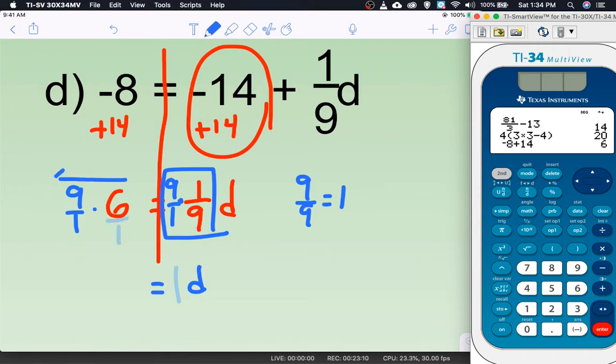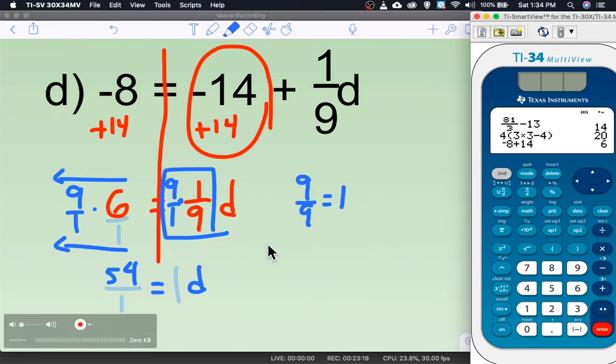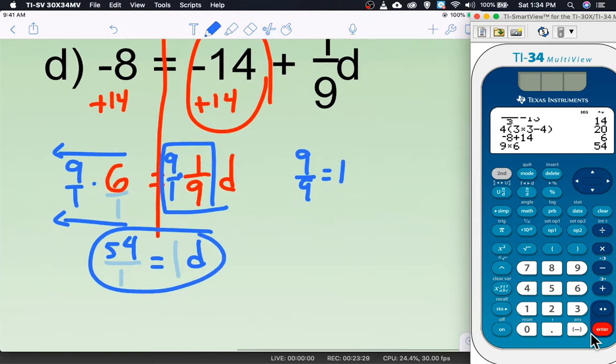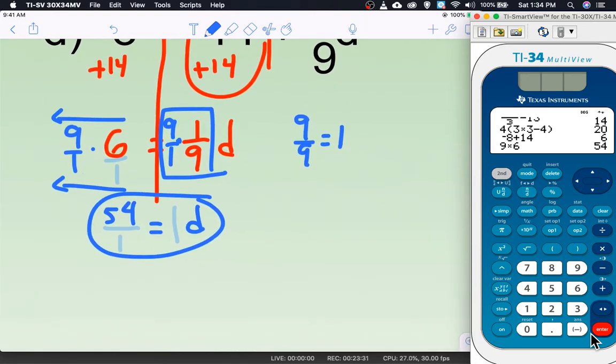Now when I multiply across the top and I multiply across the bottom, I'm going to get 54 over 1. 9 times 6 is 54 over 1. And in this part of my problem, all these little ghost ones can kind of go away. I don't really need them. So 54 is d. Solution.